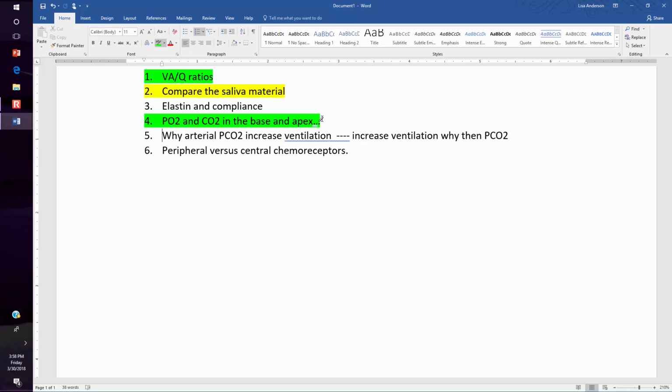Independent of what blood flow is doing, ventilation increases. Okay. Because the apex has a low hydrostatic pressure and the base has a high hydrostatic pressure, if we think about flow from the top to the bottom, flow increases.